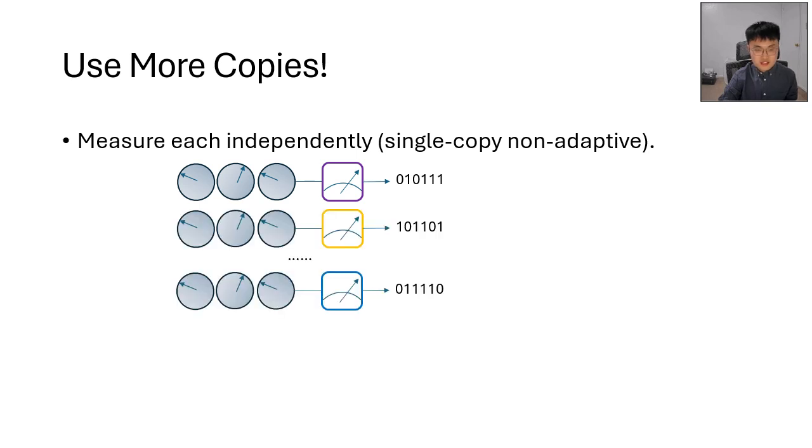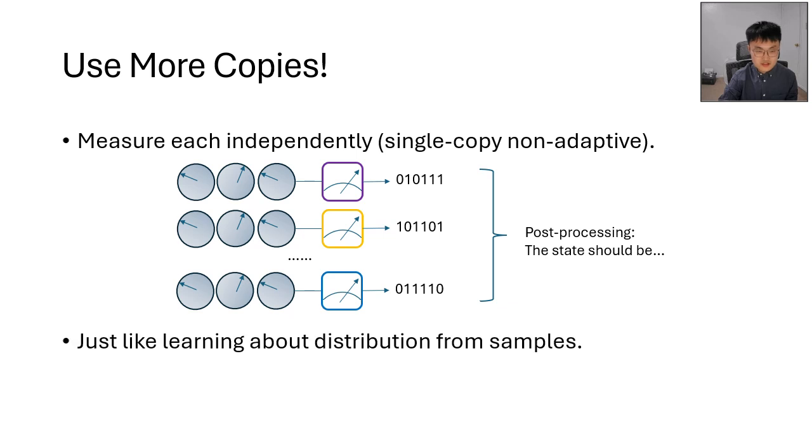So, which basically says, okay, we have n copies of the state, and then we can decide a set of measurements to apply to those states, and these measurements could be different. So we gather a set of outcomes, and based on the outcome, we can run a post-processing algorithm that tells us about the information of the state.